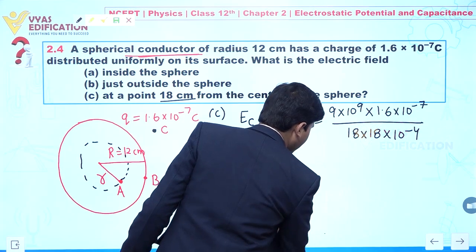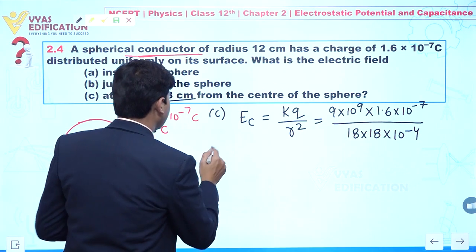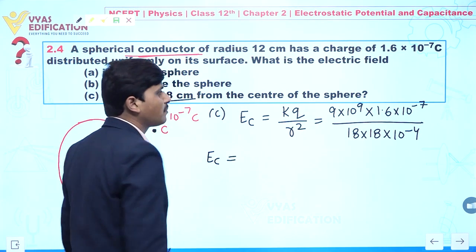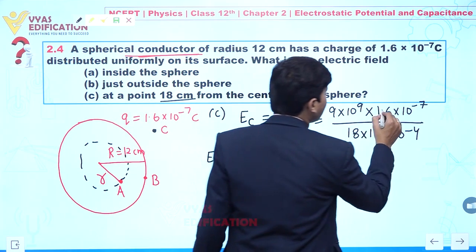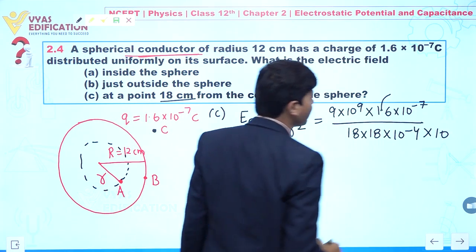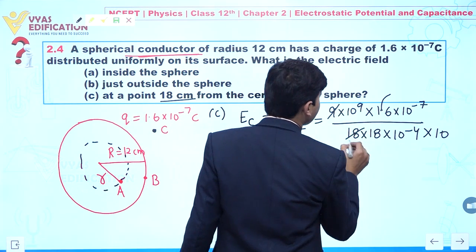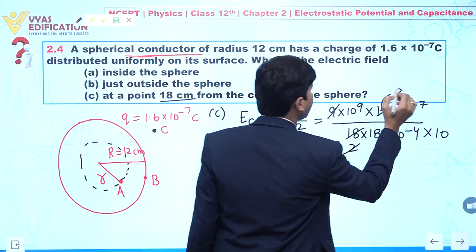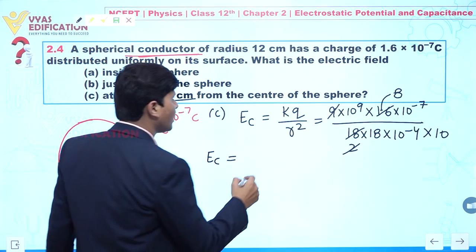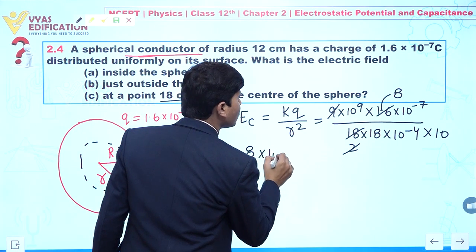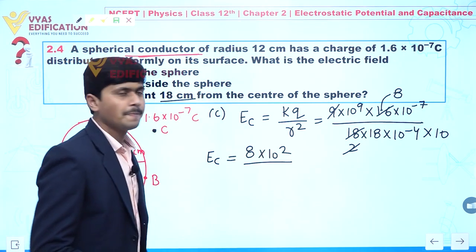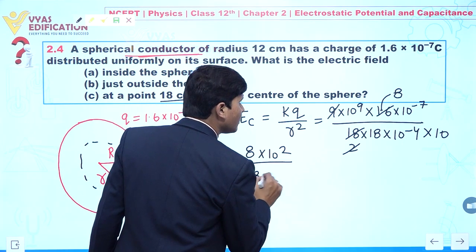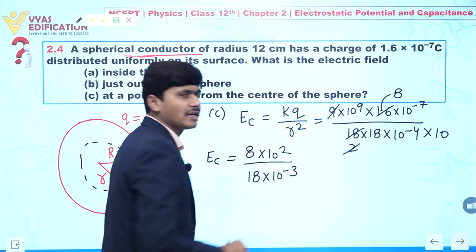So now we can write like this, EC value, EC is given by, clear, we can say if we remove this decimal, this is what 10, we can say this is 2, we can say this is 8, clear. So now we can write like this, 8 into 10 to the power 2 divided by 18 into 10 to the power minus 3, clear.